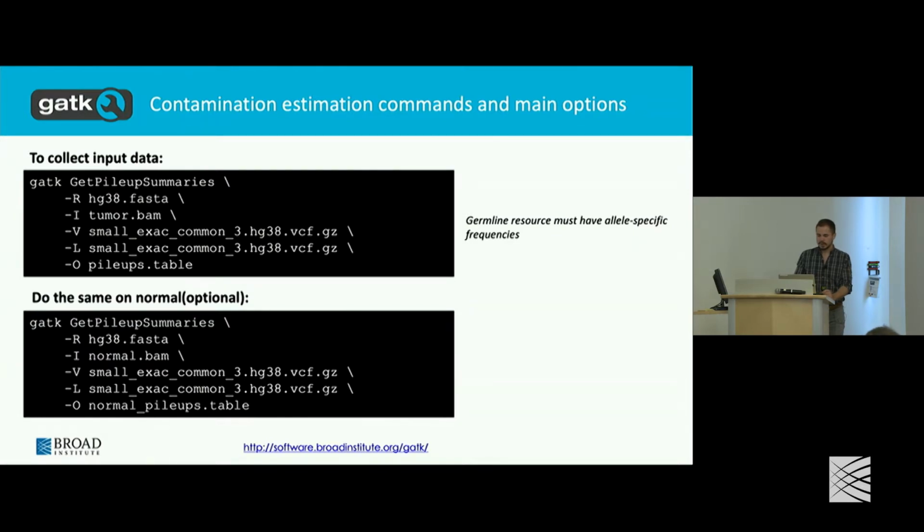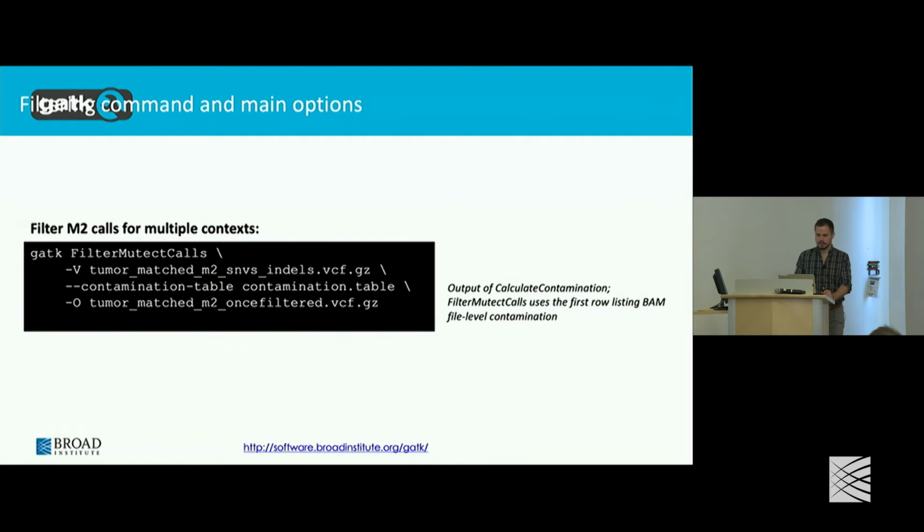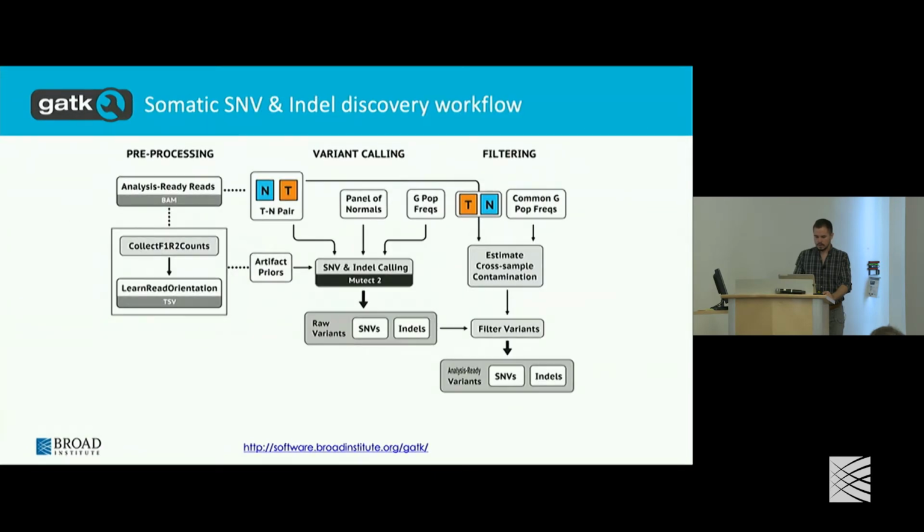We then pass both outputs to CalculateContamination. We get the contamination table output that we will pass to FilterMutectCalls. And the output of that will be the very final VCF. And that's it.